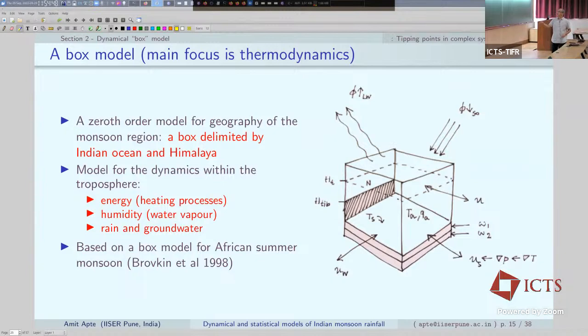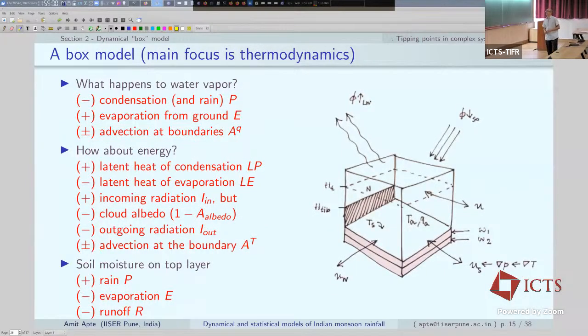Okay, so this is India now, that box, and as I said, these fluxes are what we will try to capture. And of course, there is the radiation coming in and going out to space. What you see is a partial list of processes that possibly are important, and you can already see that it's not such a small list, even for things that can be called bare minimum.